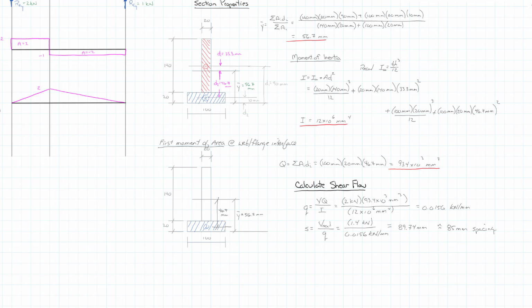Now, the actual question asked us what the total number of nails are. So we have a beam which is 3,000 millimeters long.